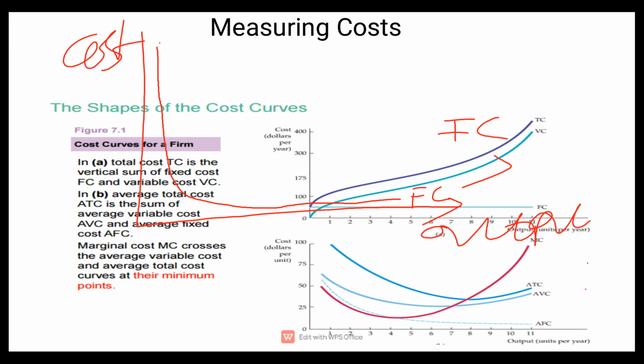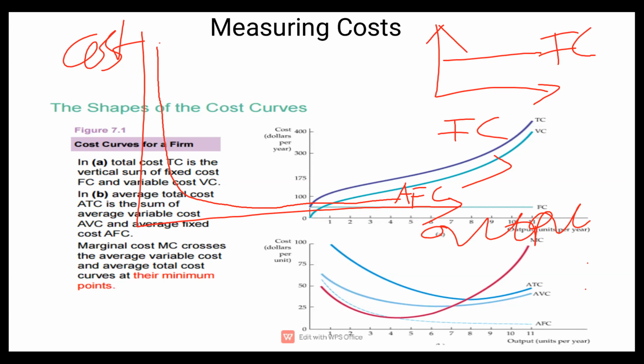It comes down and closer, but it will never touch and it will never cross. That's the graph for average fixed cost. We know that for fixed cost it is straight, right? This is fixed cost. But for average fixed cost, it is asymptotic to the horizontal axis.